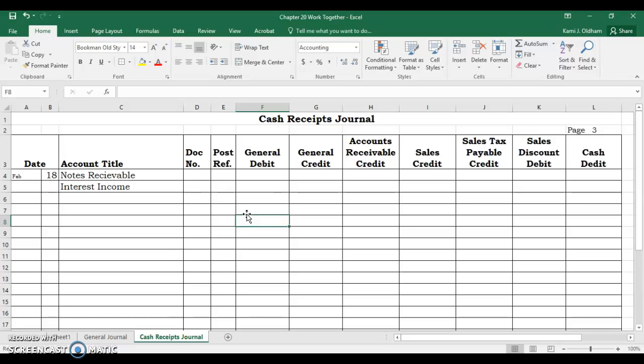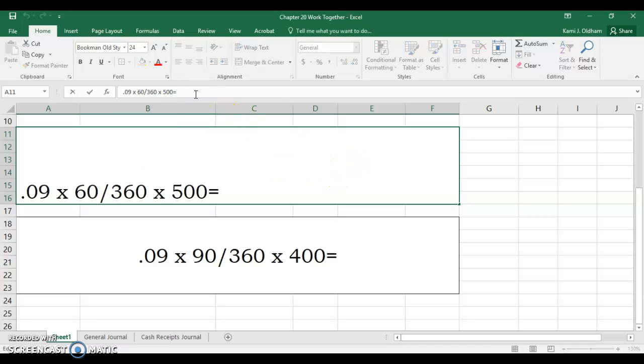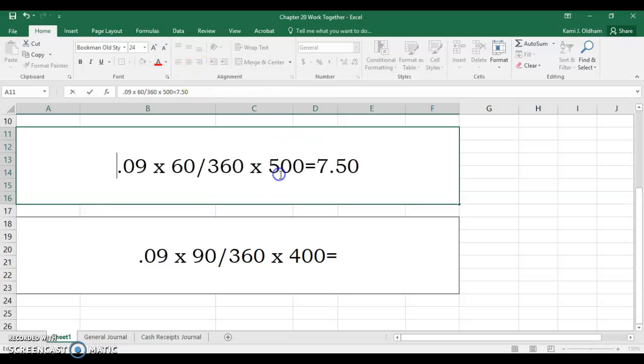Okay, so how do we actually calculate that? Well, if we take our 9% note, we have a 60-day, so 60 out of 360 times the 500. We multiply all that together, we're going to end up with $7.50. Okay, so that's our interest income that we actually earned on that.